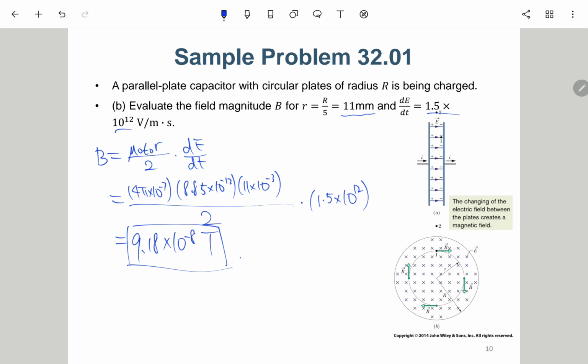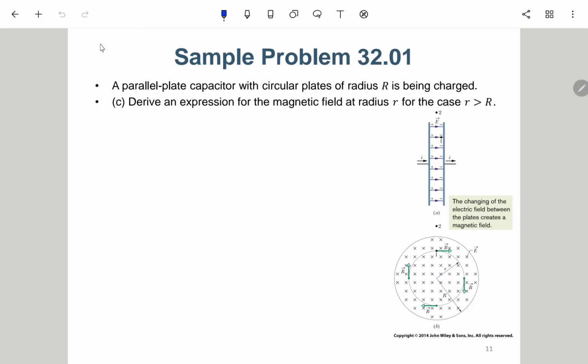Okay, so for the next one, we try to calculate the B field when r is larger than capital R. So here the Ampere loop is bigger than the capacitor.